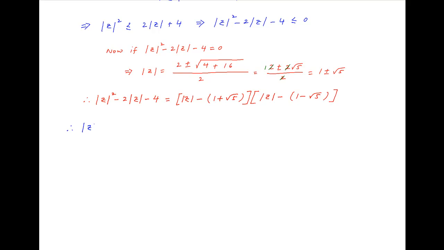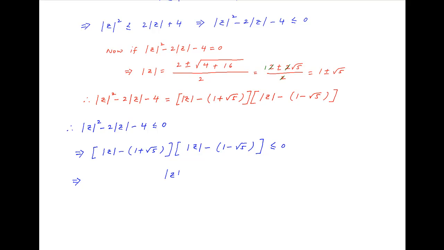Therefore, the inequality obtained above, absolute value of z square minus 2 times absolute value of z minus 4 less than or equal to 0, can be written as the absolute value of z minus 1 plus root 5 multiplied by absolute value of z minus 1 minus root 5 is less than or equal to 0.